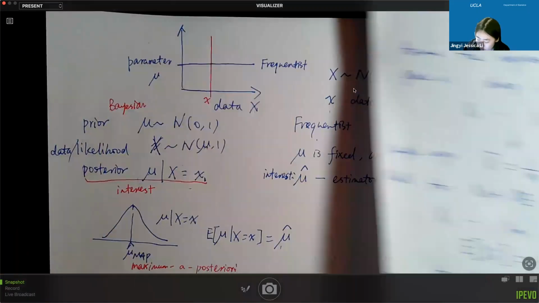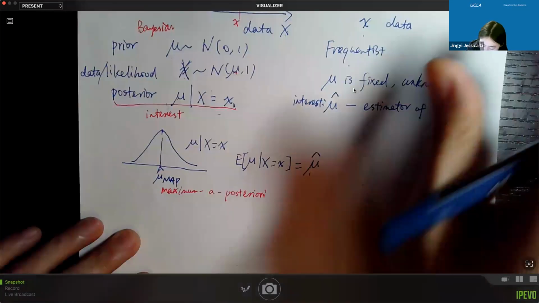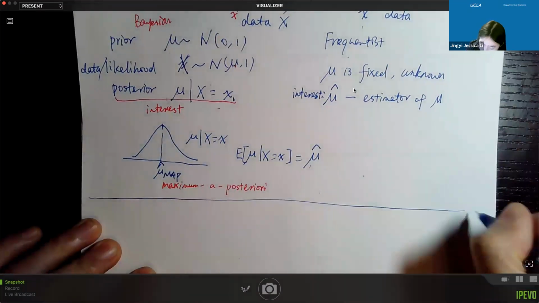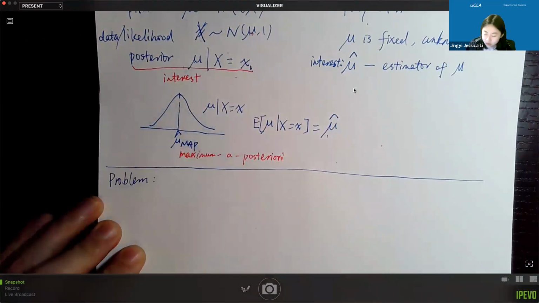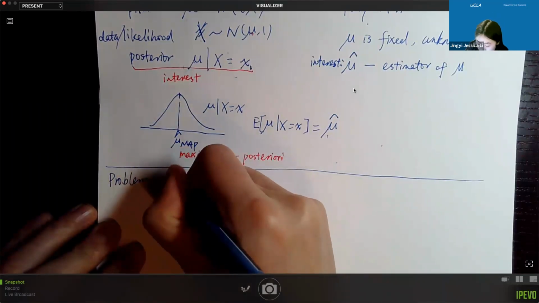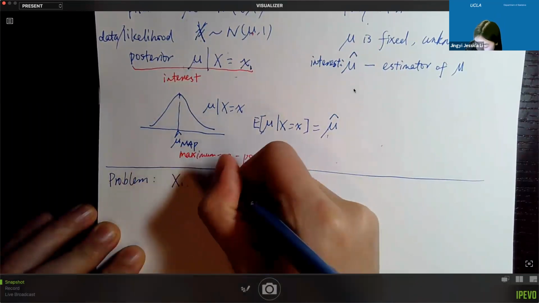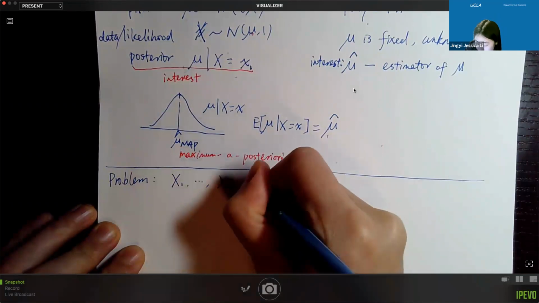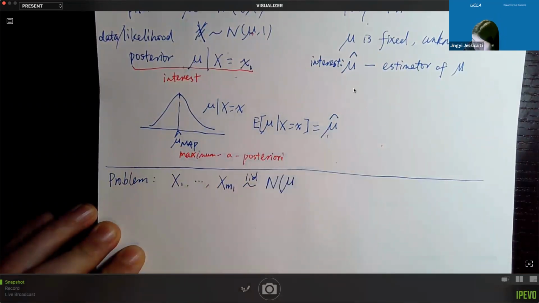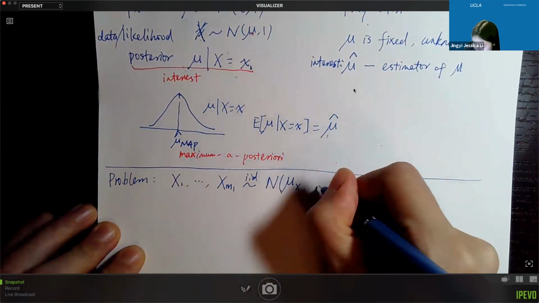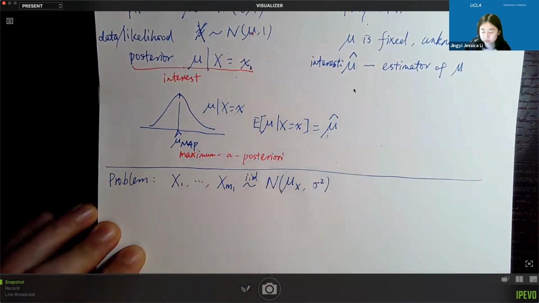Okay, so let's think of this problem. We still use the same notations. Our sample 1, x1 to xm1, they are IID, normal, mu x, and sigma square. That's my sample 1.